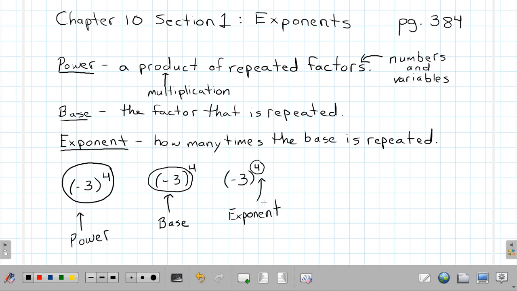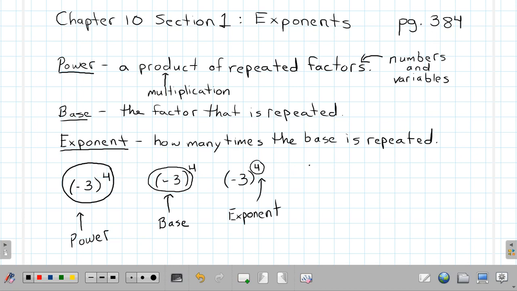Okay, so when looking at a power, the base is always the bigger number that is on the bottom, okay? And the exponent is always the smaller number that's above the bigger number, okay? We talk about things repeating up here, but you don't really see anything repeating when you look at -3 to the 4.